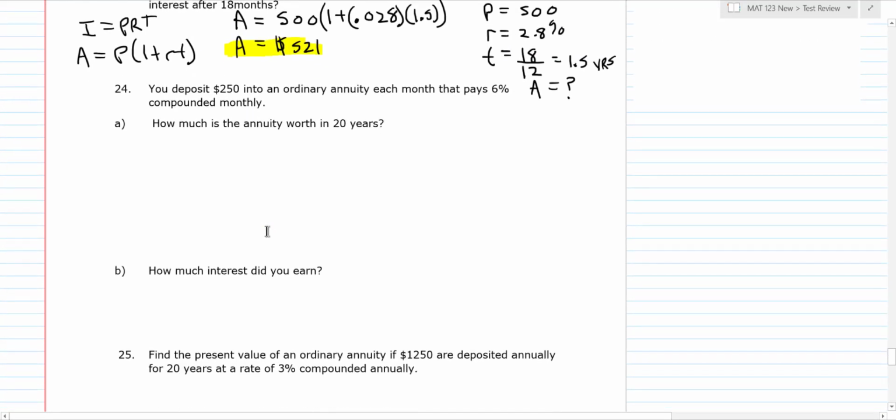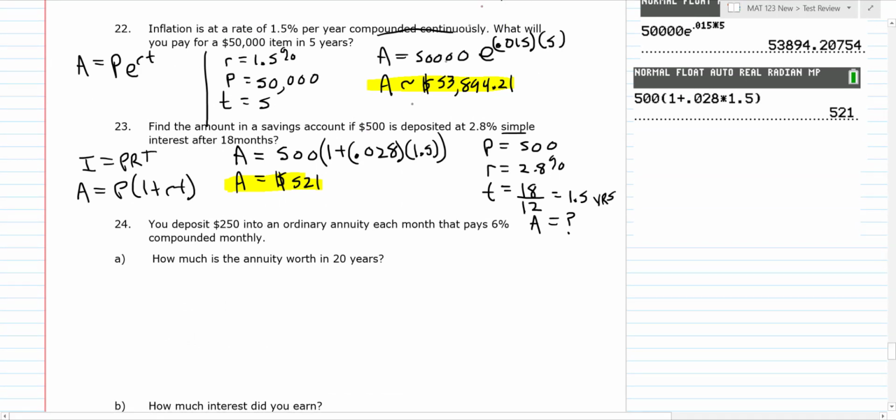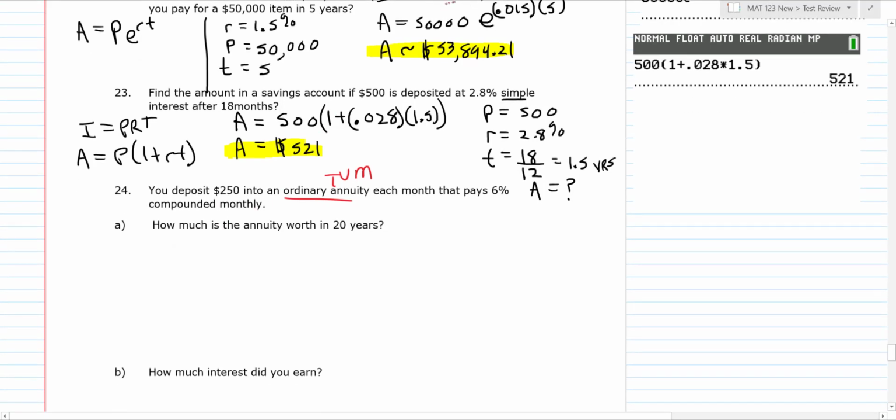Okay, next problem, ordinary annuity. When you talk about ordinary annuity, then you got to talk about the TVM solver. You don't necessarily have to know that formula to use it. You can just use the TVM solver. Okay, so what I'm going to do is write down the formula that we learned for the value of an ordinary annuity.